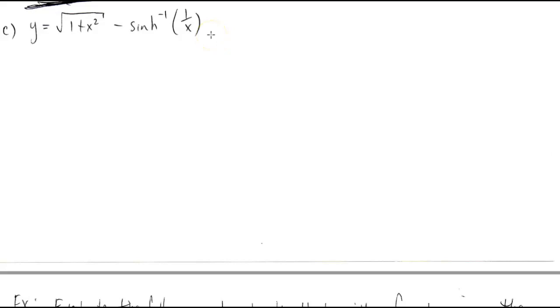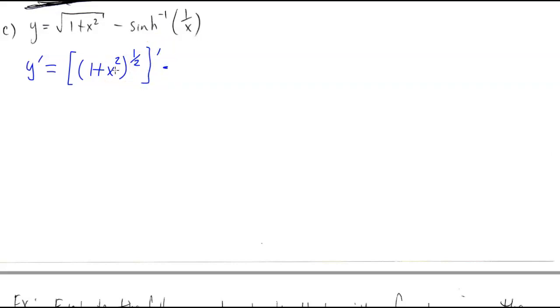All right, so for our next example, we're just going to take the derivative of this two-term function here. So for the first derivative here, we know that we could rewrite square root of 1 plus x squared as just 1 plus x squared raised to the 1/2. We'll be taking the derivative of that.